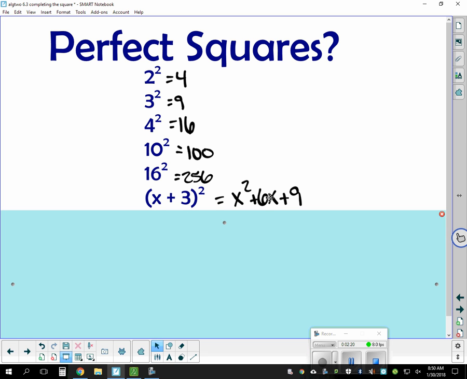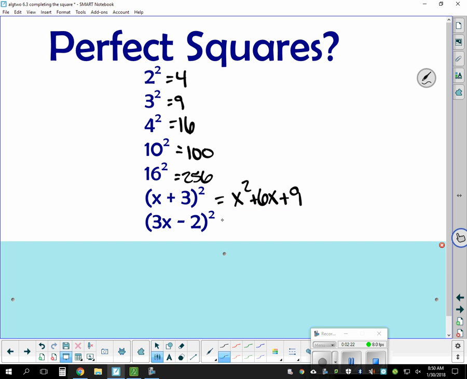Don't miss that middle term. What about this one? 9x squared minus 12x plus 4. These two things here are called perfect square trinomials. And we're going to be working with perfect square trinomials quite a bit here.